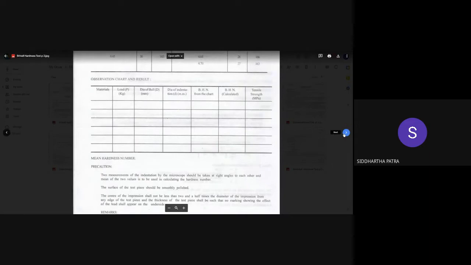Once you do that, that means convert ton to kg and then kg to Newton and square inch to square millimeter, then you would be having the value in megapascal. Now 1 inch is 25.4 millimeter, so you can directly get the square inch to square millimeter relation. Also 1 kg force is 9.81 Newton, so you also know that relation.